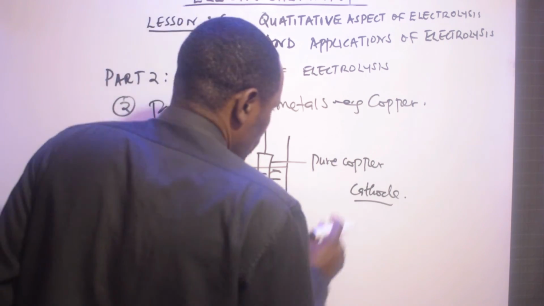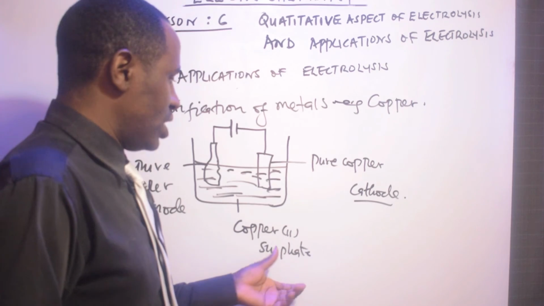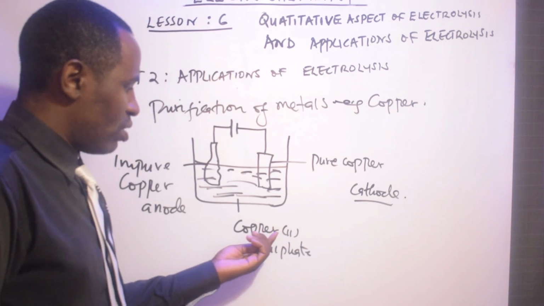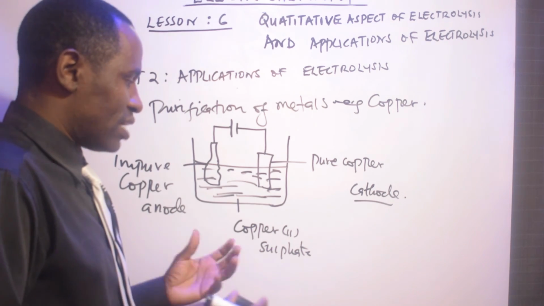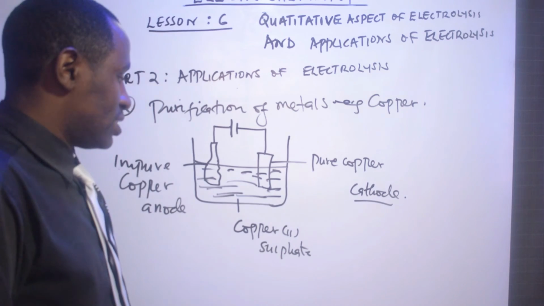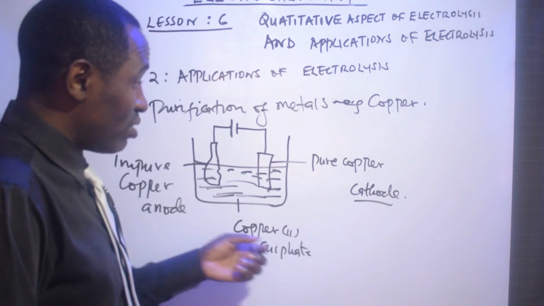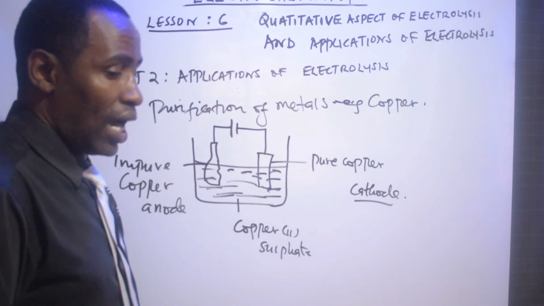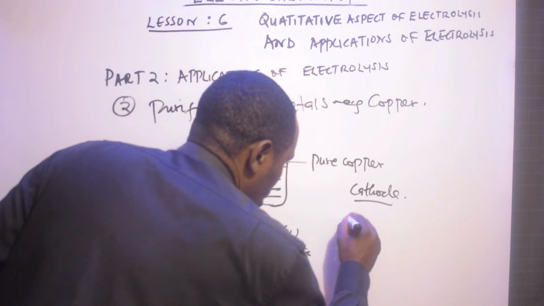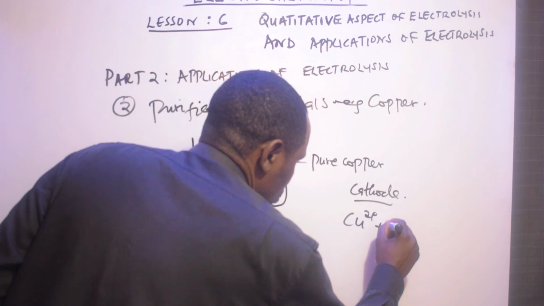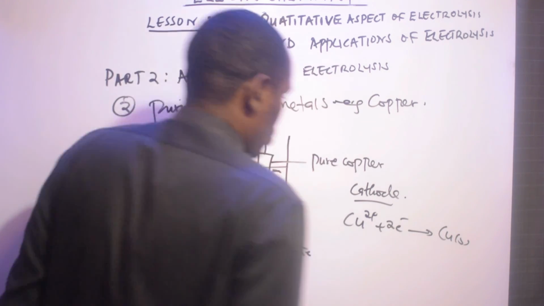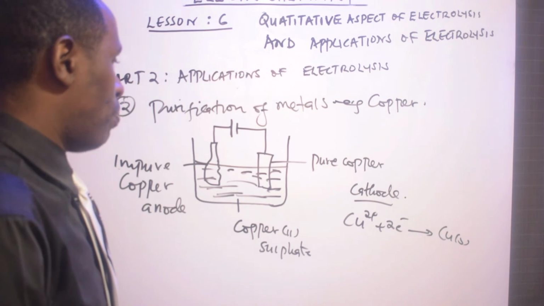Now, what will happen here? With the copper 2 sulfate solution, I'm going to have the copper ions, and I'm going to have hydrogen ions as the only cations there. When the copper ions and the hydrogen ions get to the cathode, the copper ions, with higher tendency to gain electrons, will gain electrons and form copper solid.